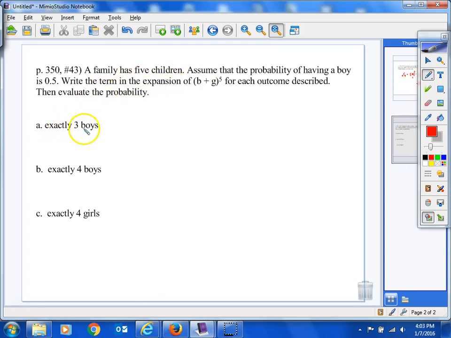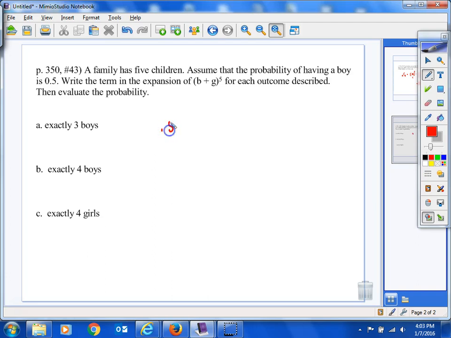And so we want to know the probability that the next 3 children will be boys, is what this says. That will be the outcome.